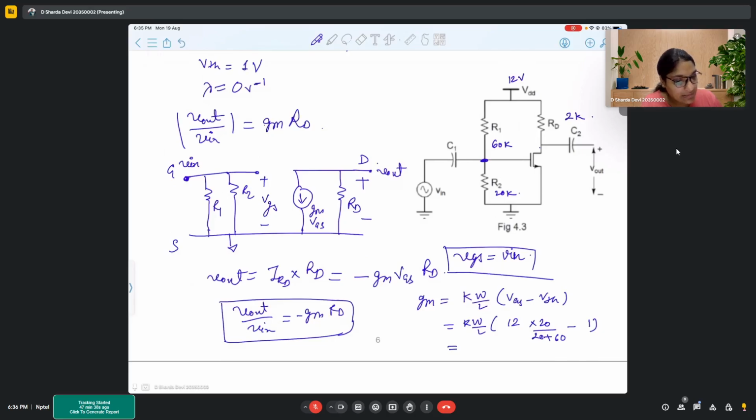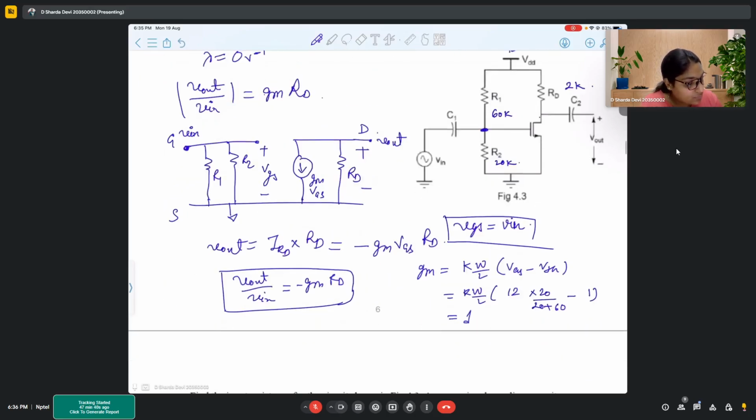So this is 1 milliamp per volt square into 12 upon 1 by 4, minus 1. So this is 3 minus 1, 2. So your gm turns out to be 2 millisiemens.